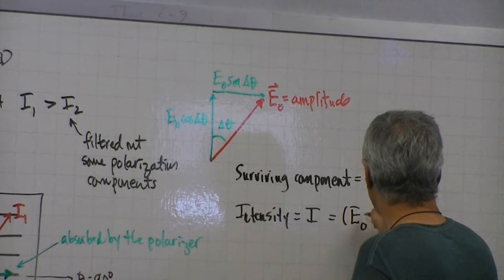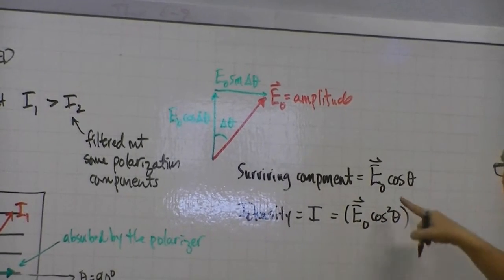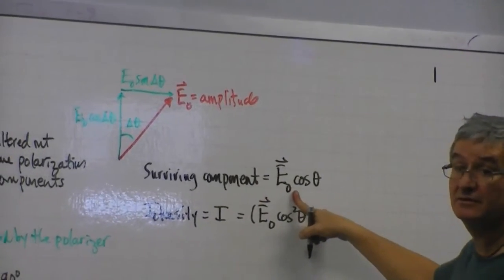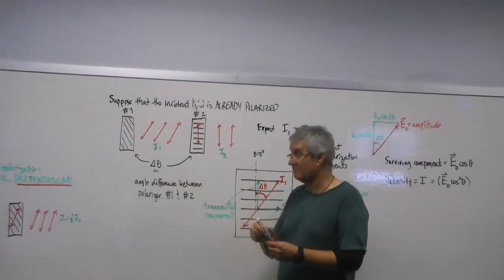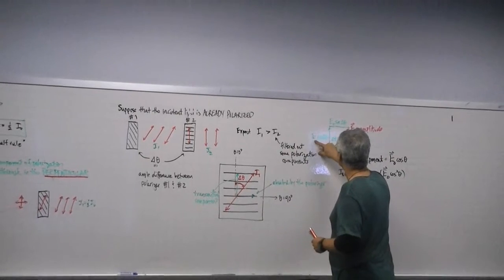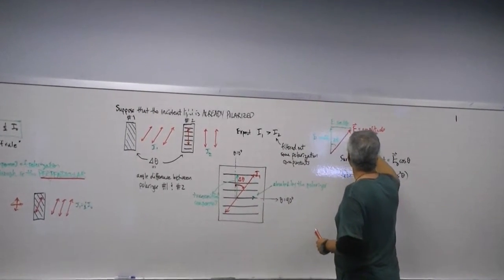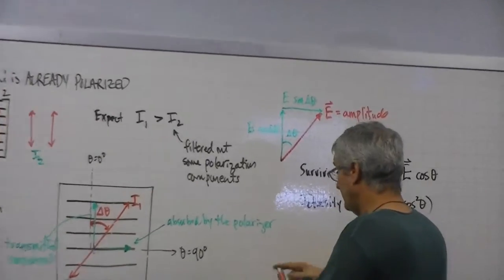So this has to be E naught cosine squared theta. By the way, I should not have called that E naught. Why? Because I called that I. So I should come back and I should stick with my I here instead of the naught here. So let me go back and change that. I know it's easier for me than you.